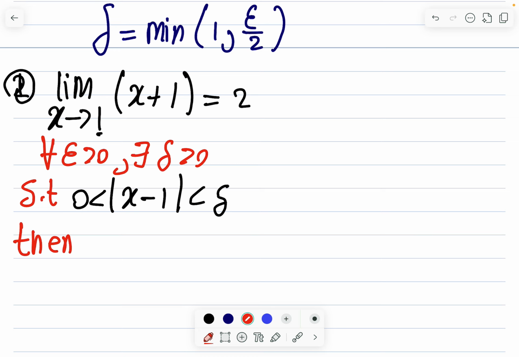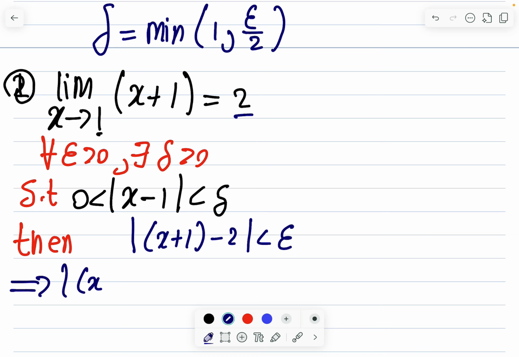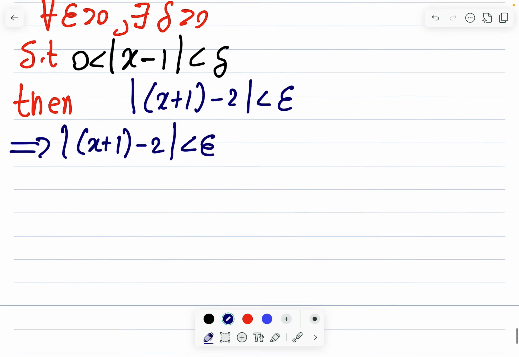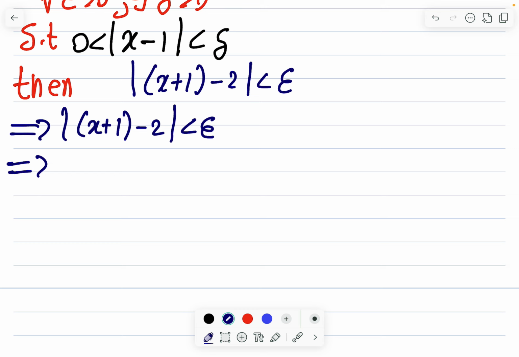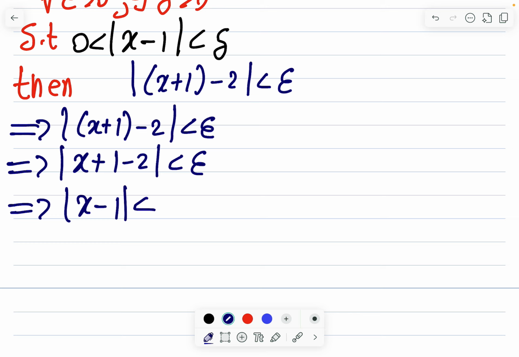Then |f(x) − L|, which is |x + 1 − 2|, is less than delta. This implies that |x + 1 − 2| is less than delta. 1 minus 2 is negative 1, so we have |x − 1| < delta.